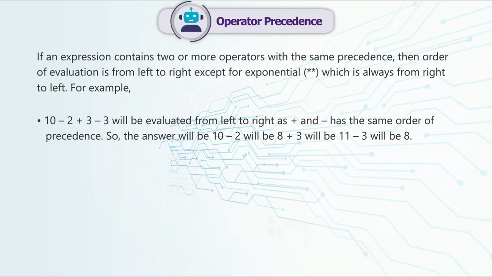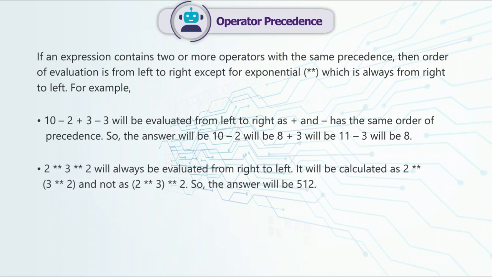So 10 - 2 is 8, plus 3 is 11, minus 3 is 8. 2 ** 3 ** 2 will always be evaluated from right to left. It will be calculated as 2 ** (3 ** 2) and not as (2 ** 3) ** 2. So the answer will be 512.